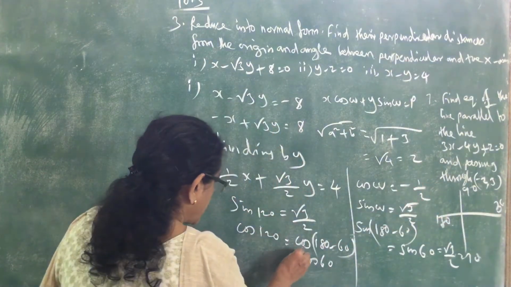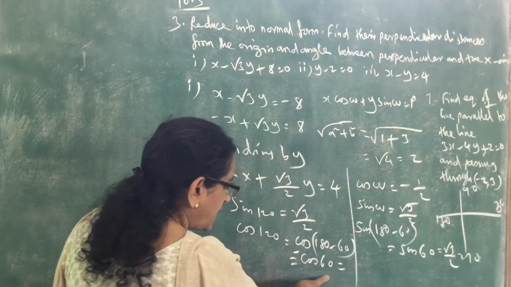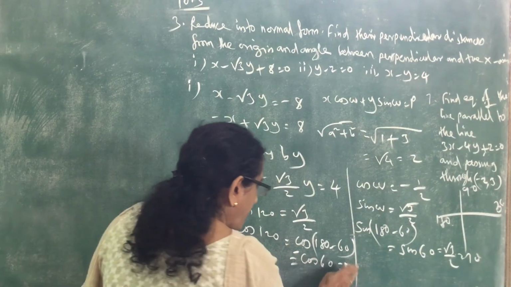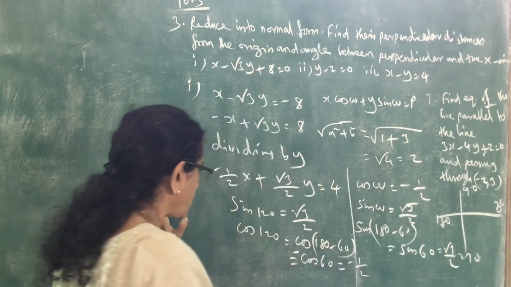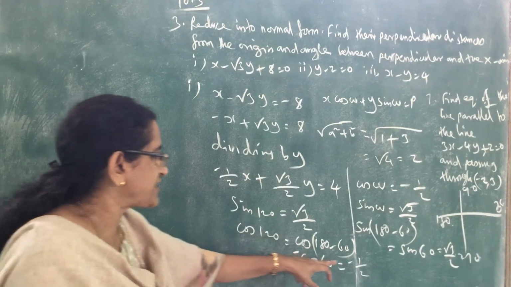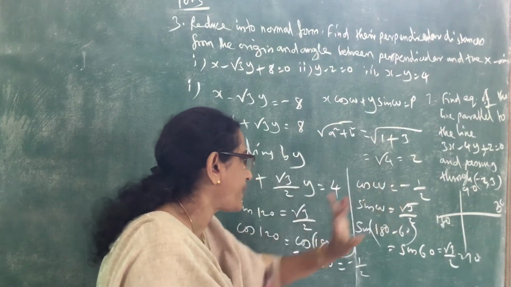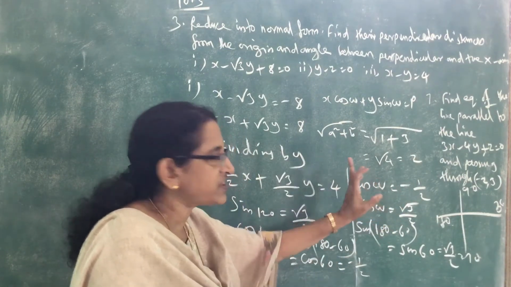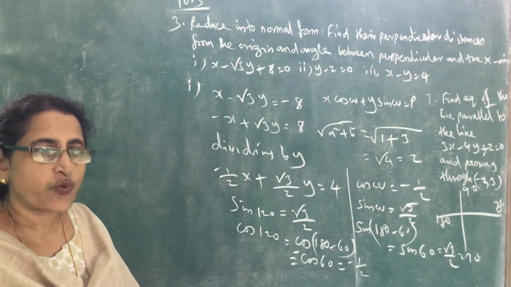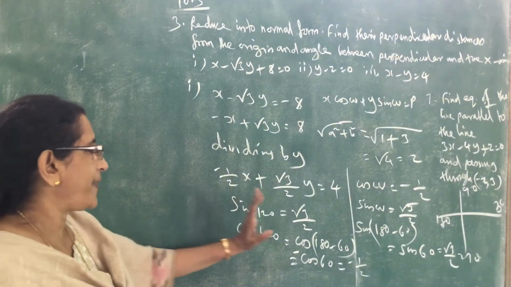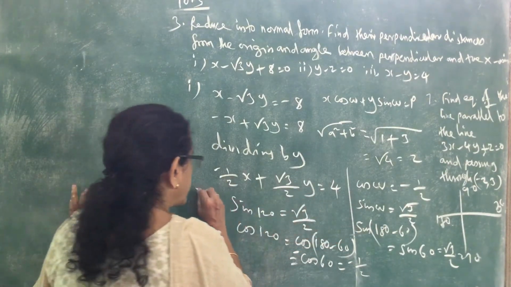So minus cos 60, and cos 60 is 1 by 2. So cos 120 is negative 1 by 2, and sin 120 is root 3 by 2. Satisfying both conditions, omega equals 120 degrees.